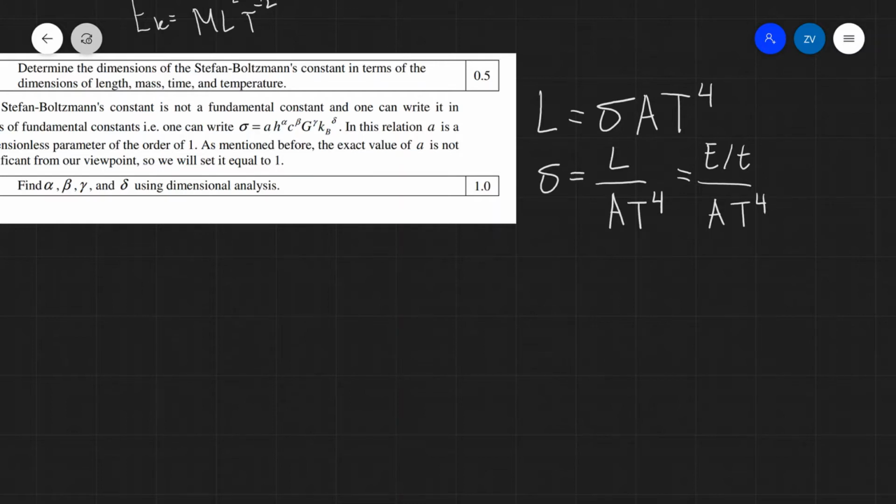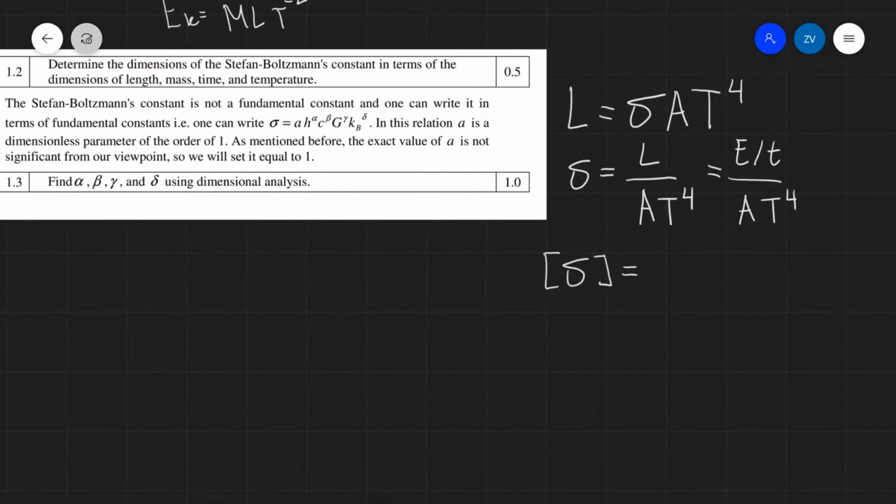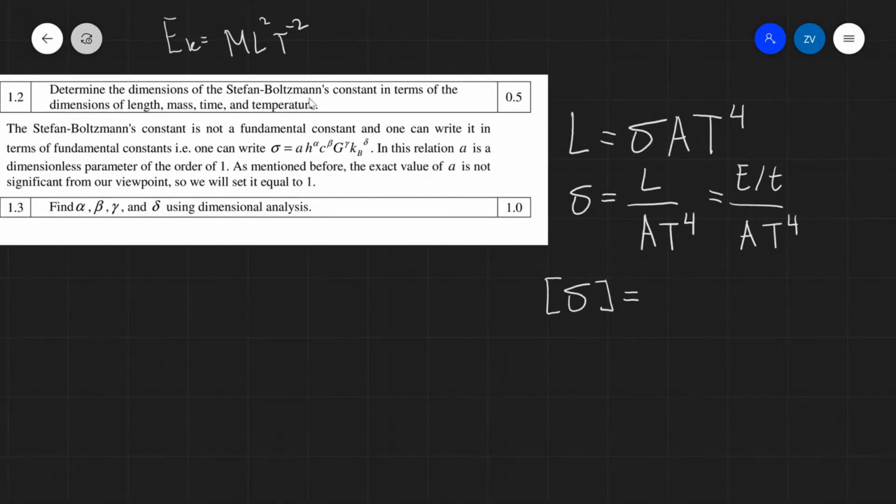This means that the dimensions of Stefan-Boltzmann's constant are going to be the dimensions of energy per time, so divided by time. If you remember from the first question, the dimensions of kinetic energy are M L squared T to the power of -2, so I'm going to divide that by T yet again, and this will give me dimensions of M L squared, and rather than T to the power of -2, I'm going to write T to the power of -3.